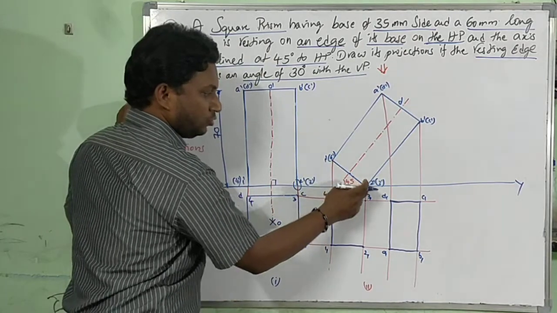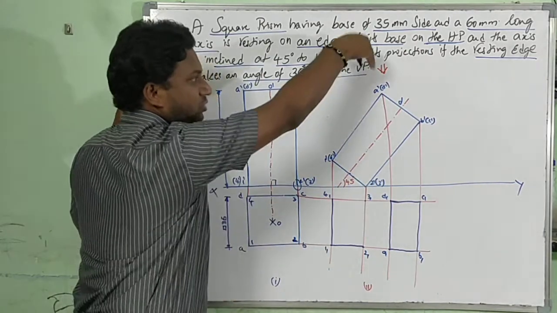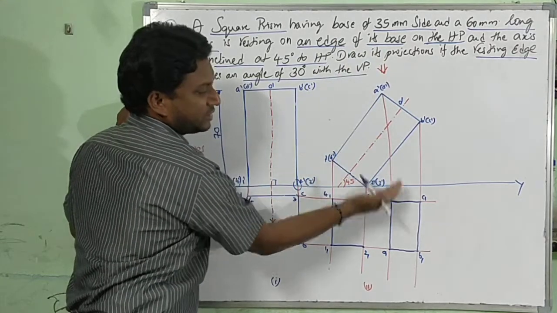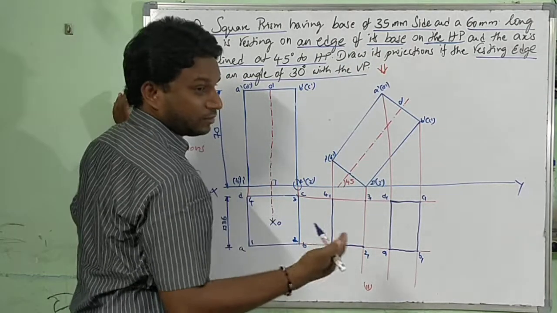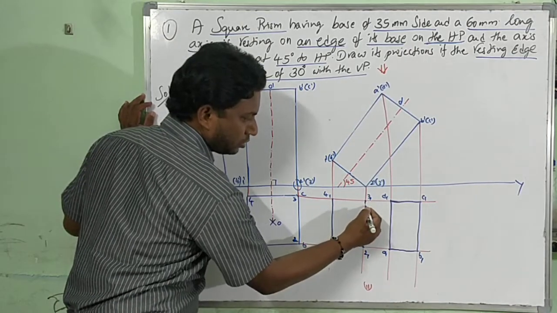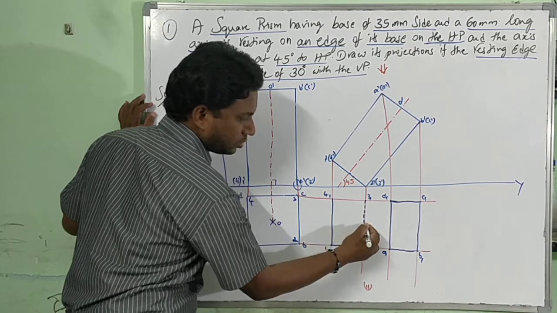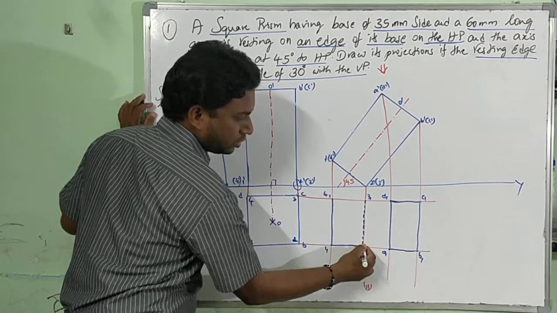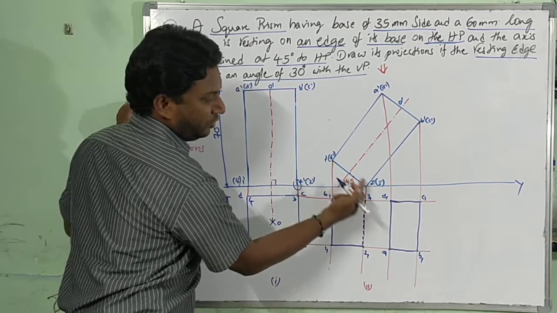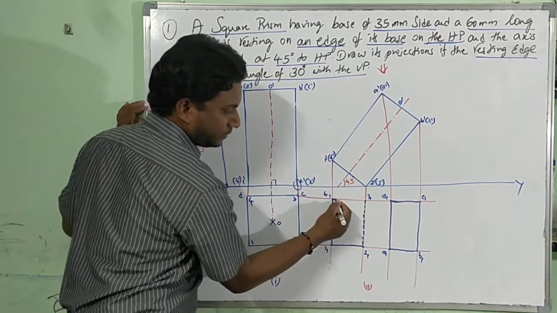Now 2 dash, 3 dash, you can observe it when you are looking from there. With respect to the half line axis is below, it's completely hidden. So you have to draw hidden line. Now 3 dash, 4 dash front view, it should be thick.